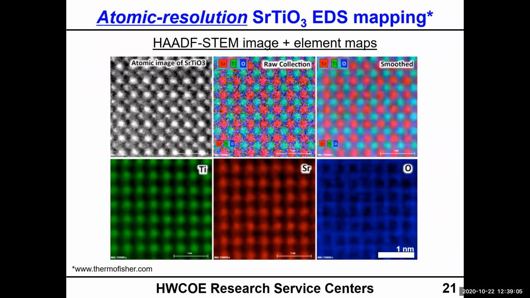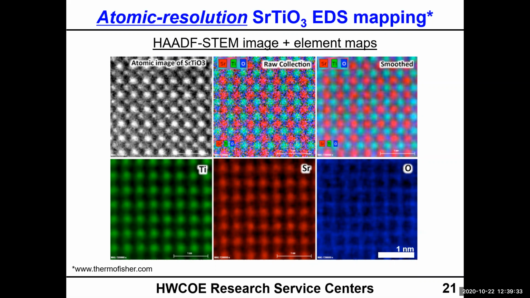Atomic resolution imaging, EDS mapping. I mentioned before, in that image of the strontium titanate, we had the columns of the different atoms. But those were images. The images are chemically sensitive, but they don't actually tell you what elements you have present. In order to do that analytically, you'd have to do EDS or EELS.